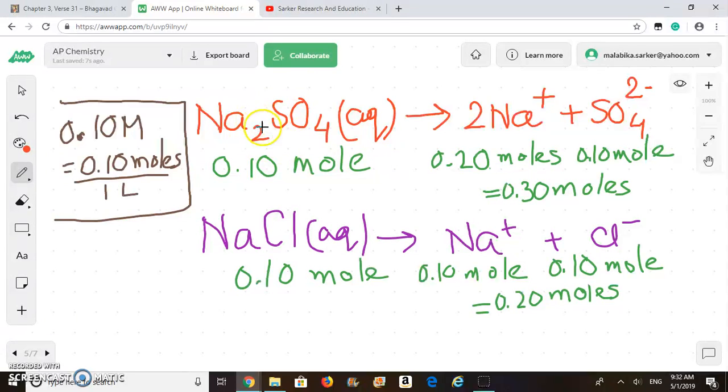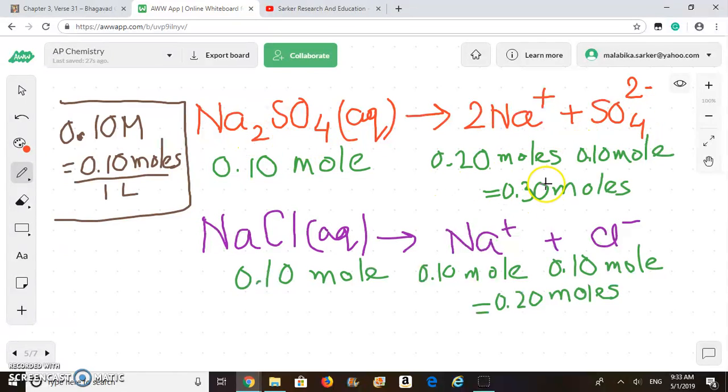Sodium sulfate, when dissolved in water, that's why I have written aqueous solution, dissociates into sodium cation and sulfate anion. And if there is 0.10 mole, then we will get 0.20 moles of sodium ion and 0.10 moles of sulfate ion, as you can see.